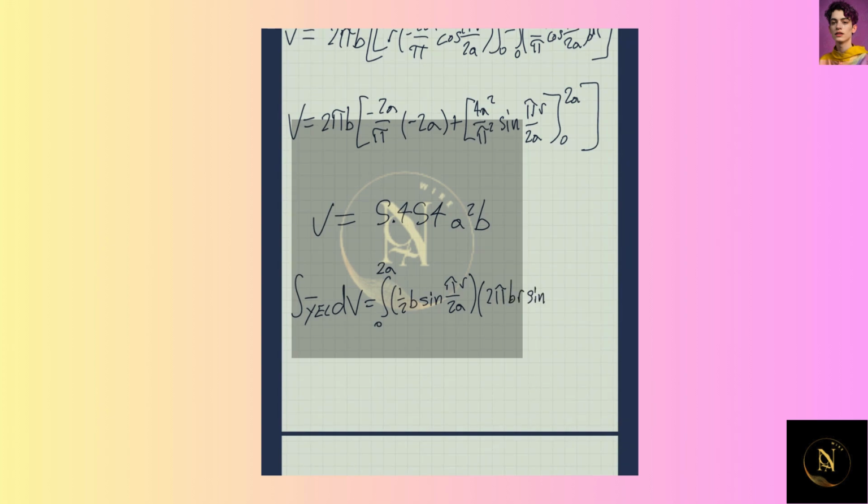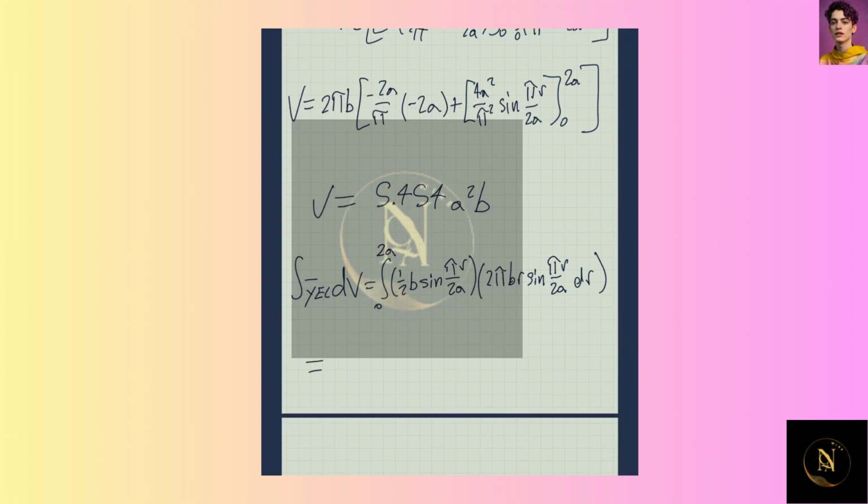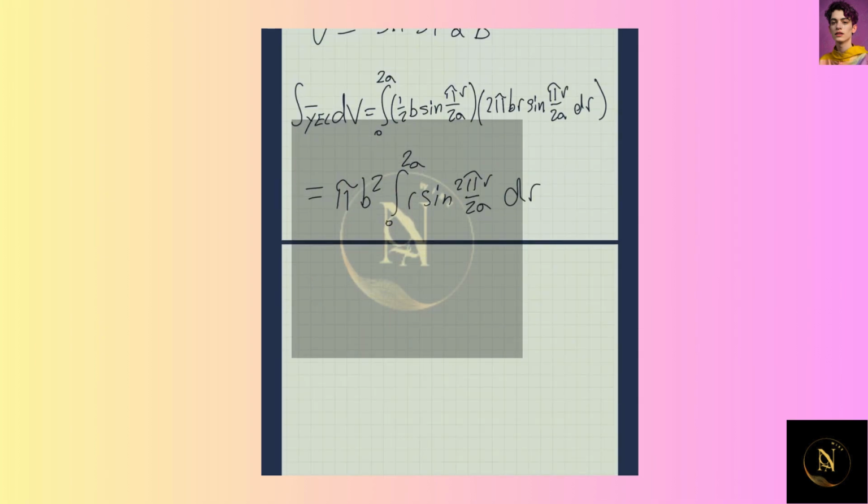Then we multiply that by dv, which we found earlier to be 2 pi br sine of pi r over 2a dr. Simplifying, this was equal to pi b squared times the integral from 0 to 2a of r sine squared pi r over 2a dr.